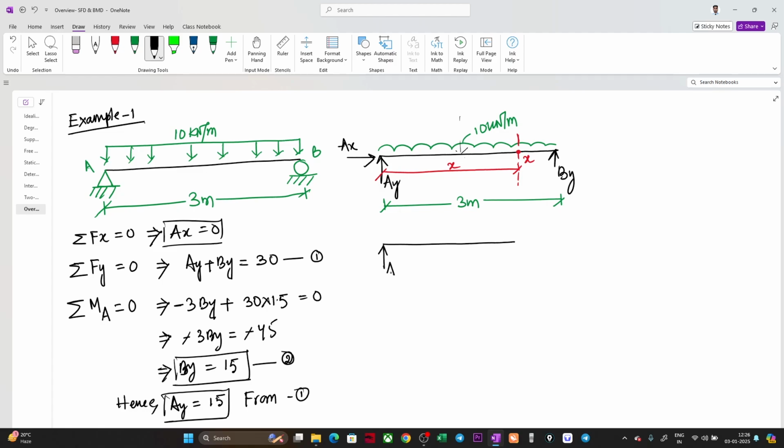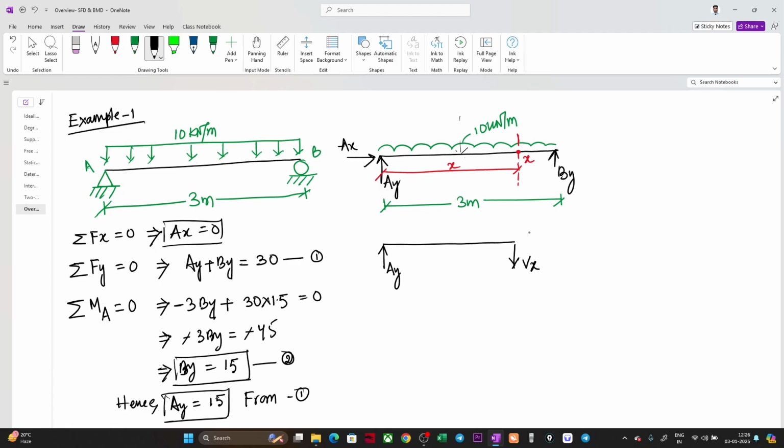Here we got AY. I will not draw the AX because ultimately it is 0 only. And here, what are the things we will get? We'll get a Vx. Now, I don't know the value of this Vx, so I'm just assuming that it is downward. Depending on the sign that you get, you will decide the direction of the arrow.